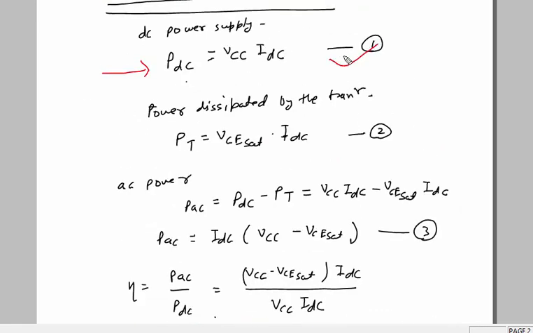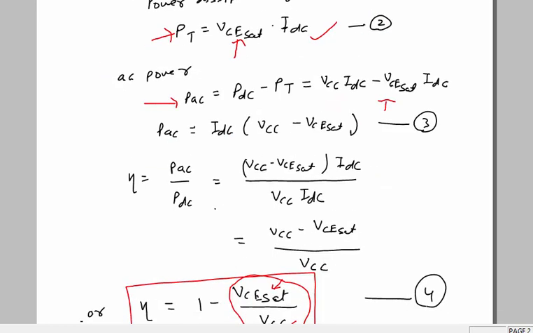The same IDC flows through the transistor when the transistor is on. When the transistor is on, the voltage across it is VCE sat, and with IDC this gives the power dissipated by the transistor. The total power is PDC, the dissipated power is PT, so the remainder is the useful AC power. So PAC is PDC minus PT, and applying both formulas we got this. Taking IDC common, we got equation number 3.